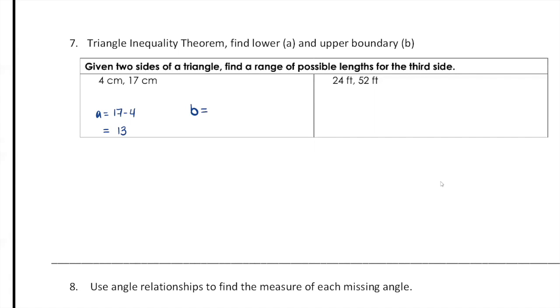B, we're going to do the sum, so 17 plus 4, 21. Our third side, X, has got to fall within that range. So X must be greater than 13, but less than 21. Remember that? Not too bad. That's our answer.